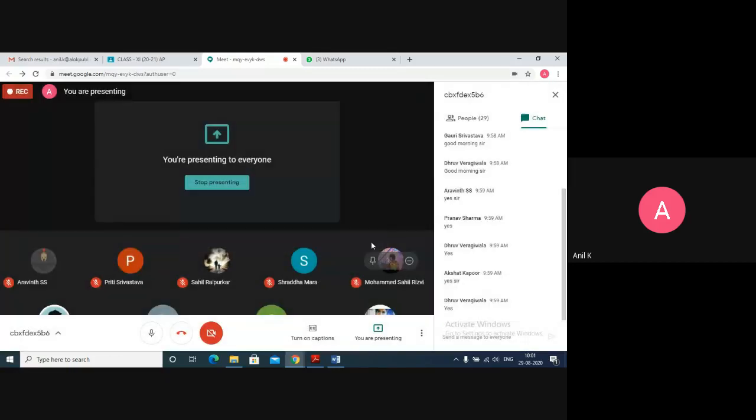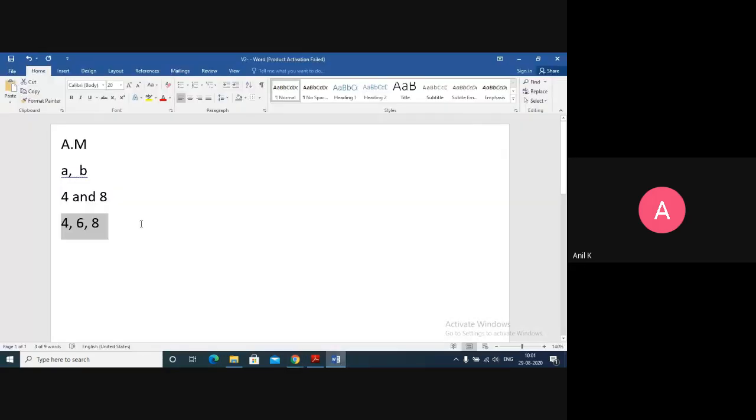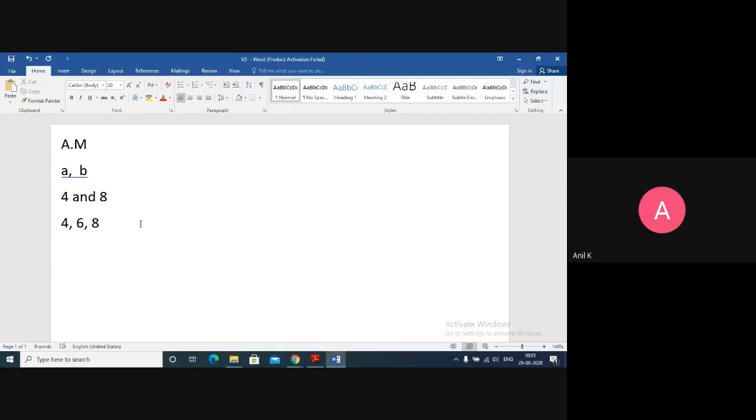So it forms an AP. So how many numbers can I insert? Now, can I insert a further number between 4, 6, 8? Still, it forms an AP.